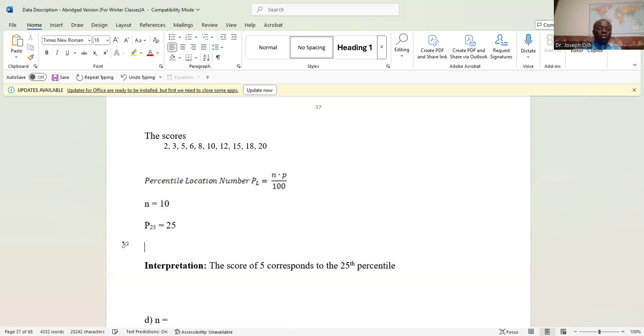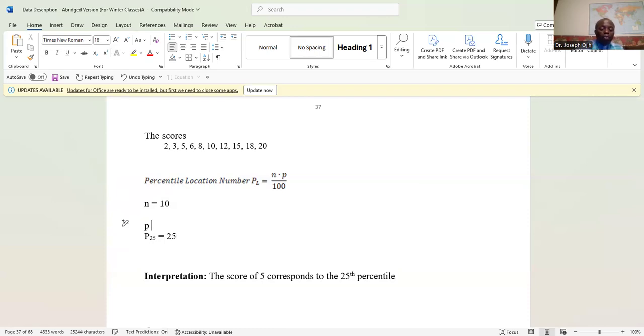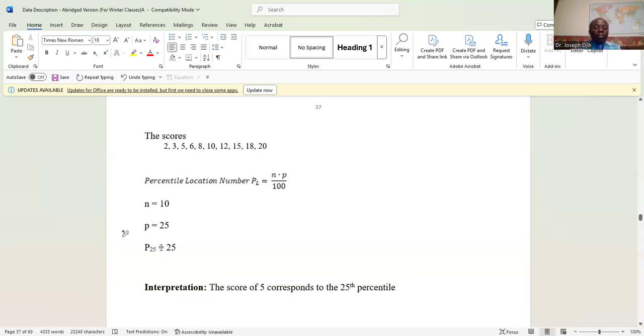Now we can calculate it using this formula. I'll put small p here. P equals 25, sorry, mistake. So that's the percentile of interest, P25, which now becomes n times P over 100. That means 10 times 25 divided by 100.